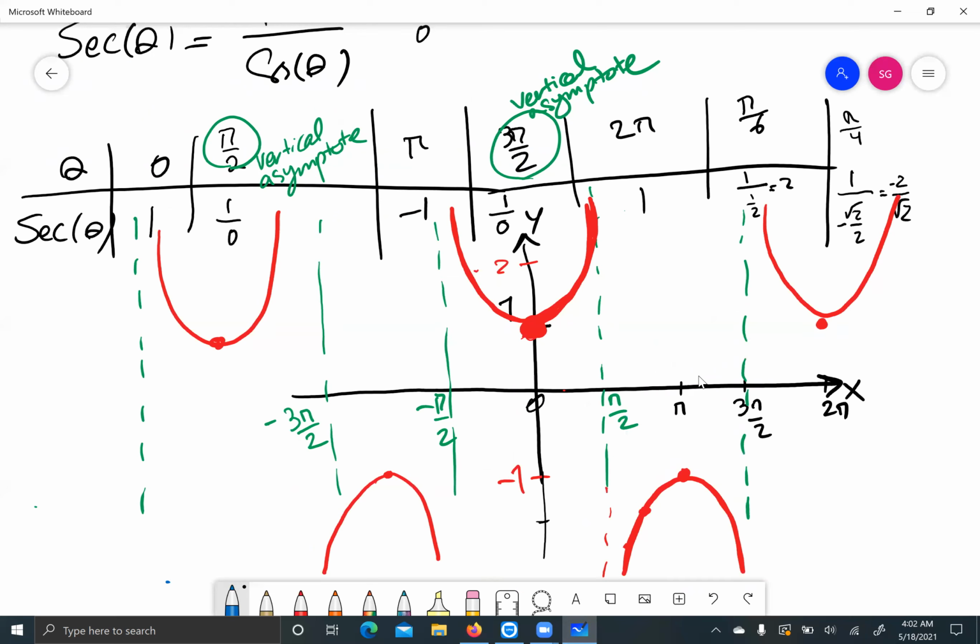The whole time to take a full rotation is what? It's 2 pi. So the period is 2 pi, okay?